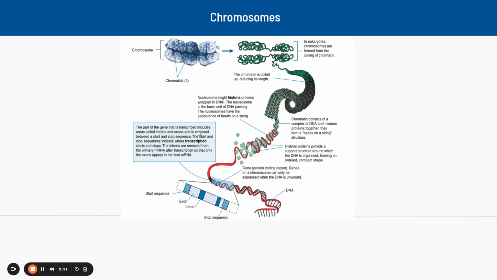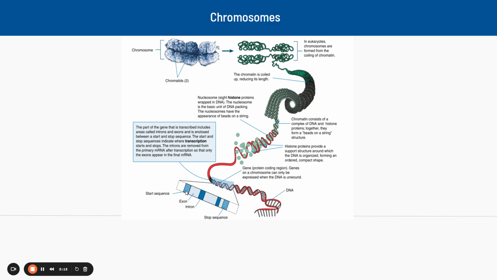So here, the part of the gene that is transcribed includes areas called introns and exons, and it's enclosed between a start and stop sequence. This is an indicator of where transcription can actually take place. Here is a start sequence, where RNA polymerase will bind.